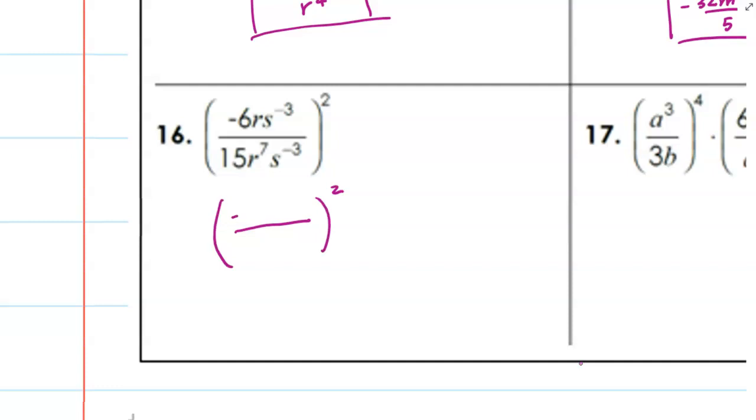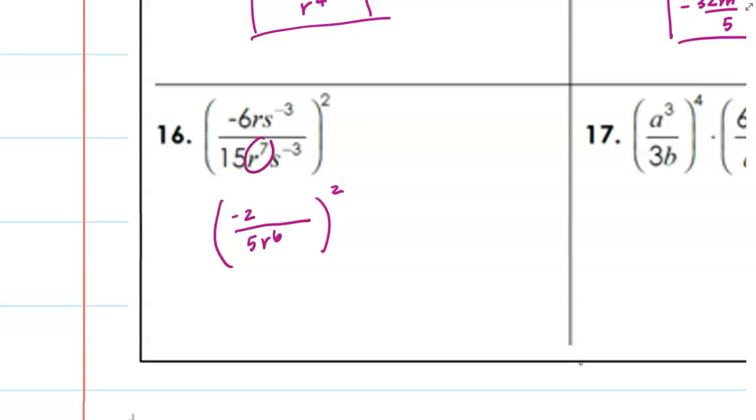So that's going to be a negative 2 and a negative 5. Is that right? Yeah, that's right. And then r to the 6th.